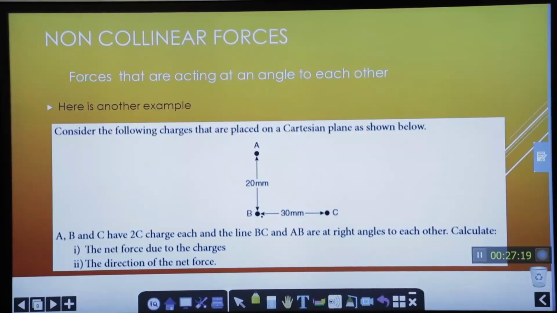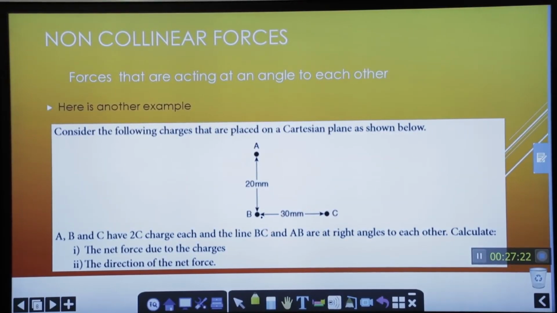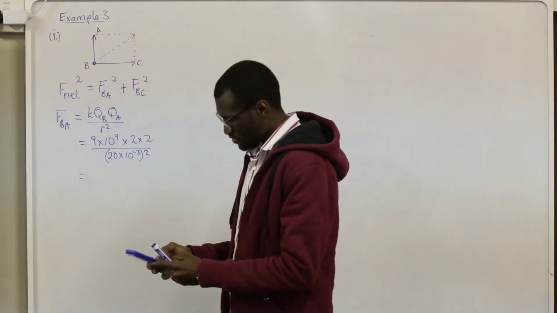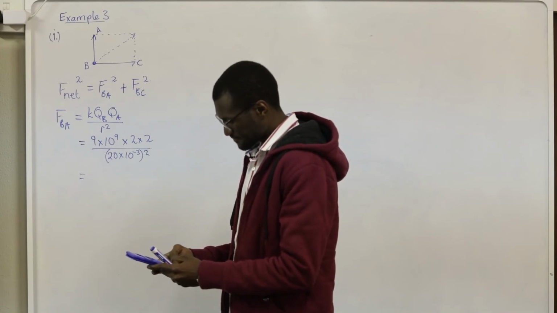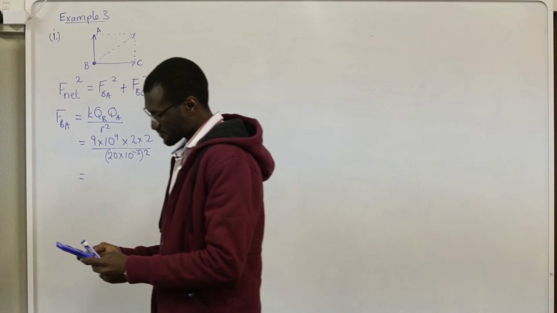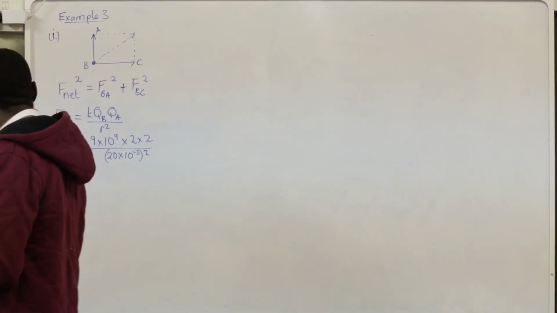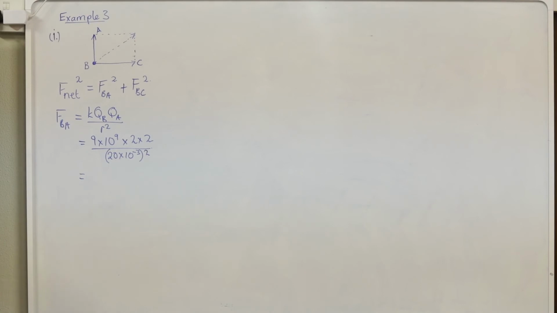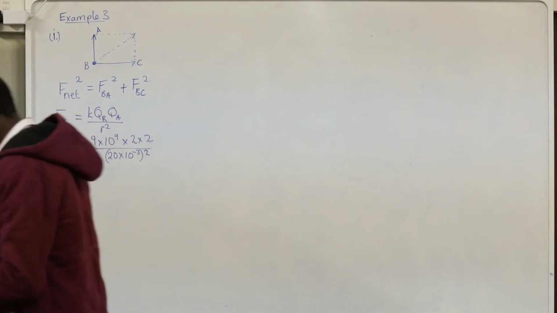Divided by 20 times 10 to the power of negative 3, all squared. What do you get as your final answer there? Let me just check mine quickly.